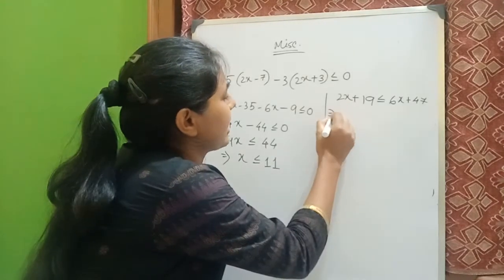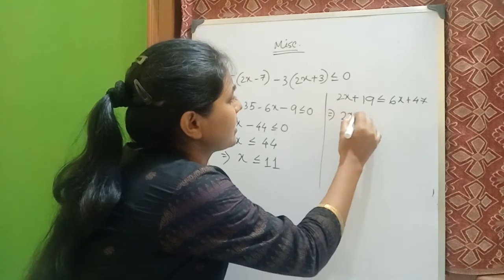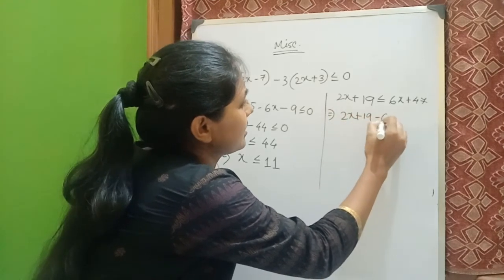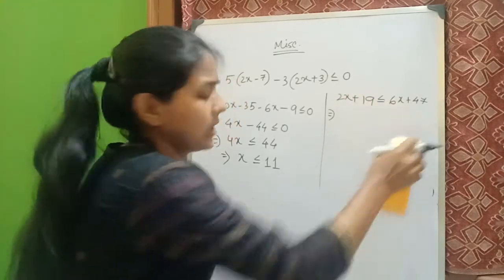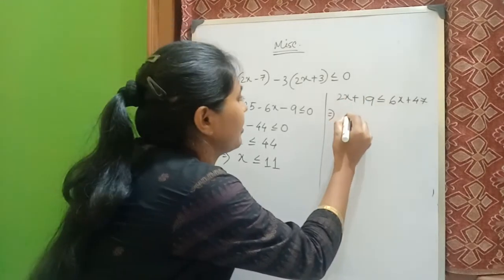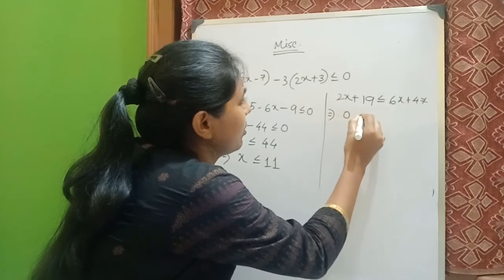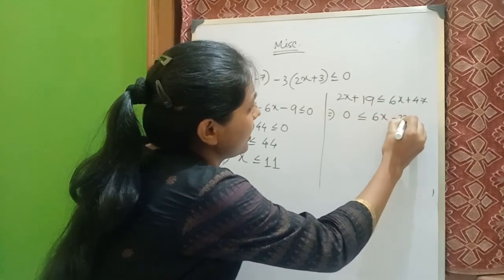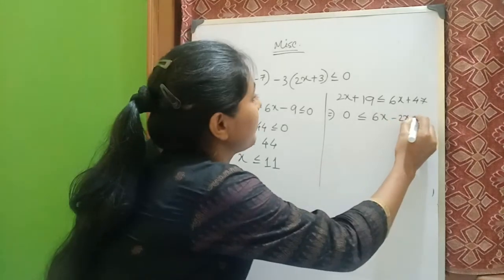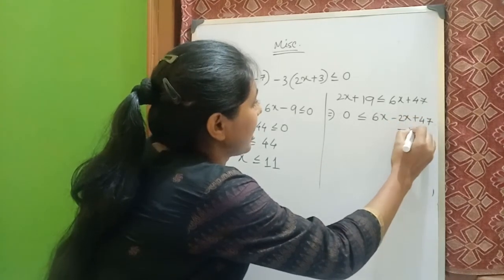Then the second one's calculation: it will be 2x plus 19 minus 6x. Okay, no, I'm not doing it like this. I'm doing it a little bit differently so that it will be easy for you. 0 less equals to 6x minus 2x plus 47 minus 19.